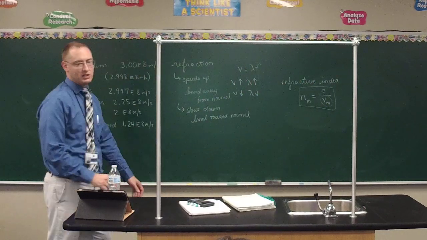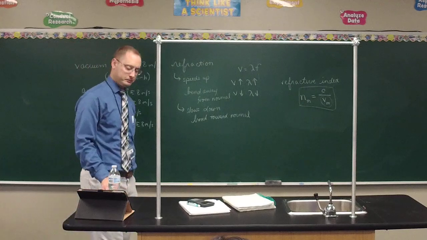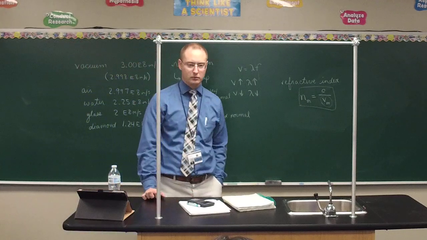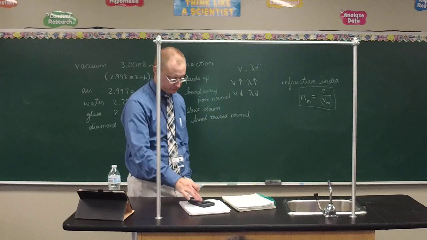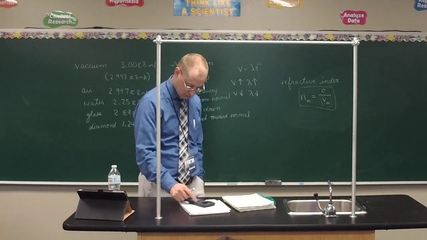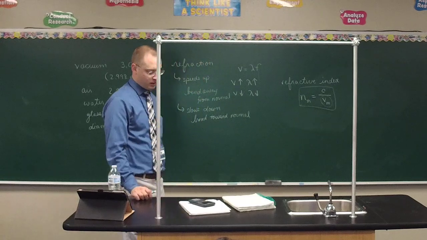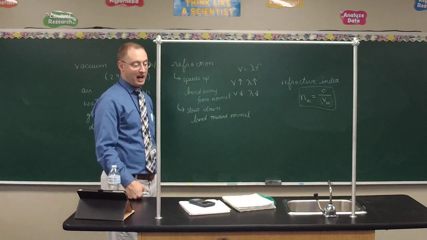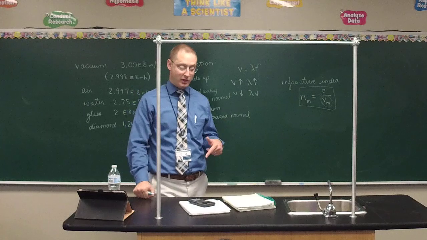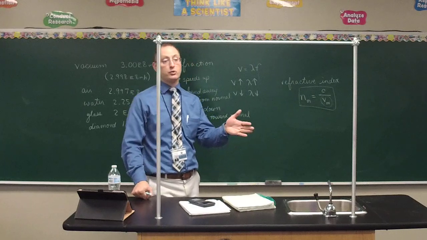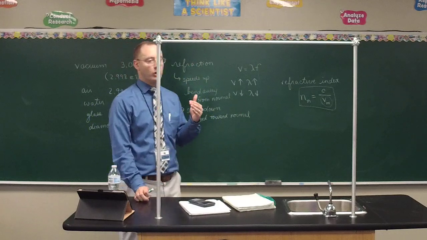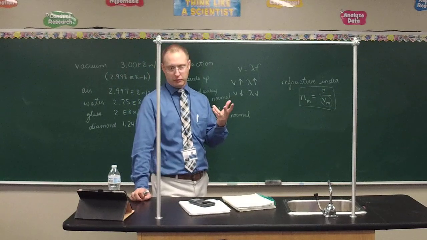The question is, what is the index of refraction? Again, it's going to be a higher index of refraction than we had in the glass for the previous problem because it slows light down more. More slowing effect, higher index of refraction.